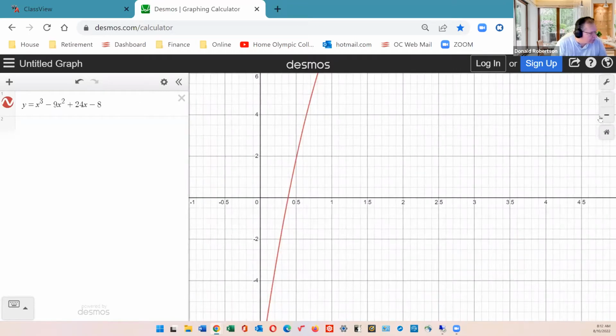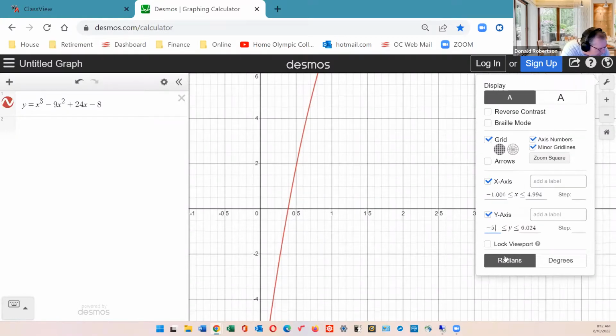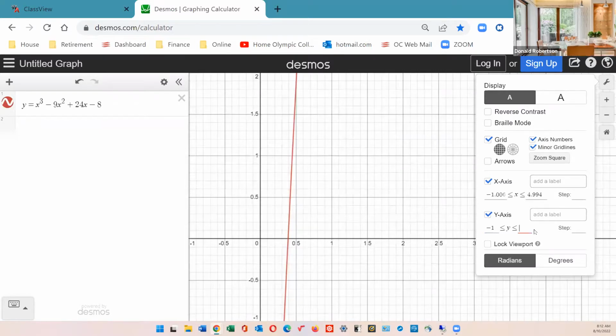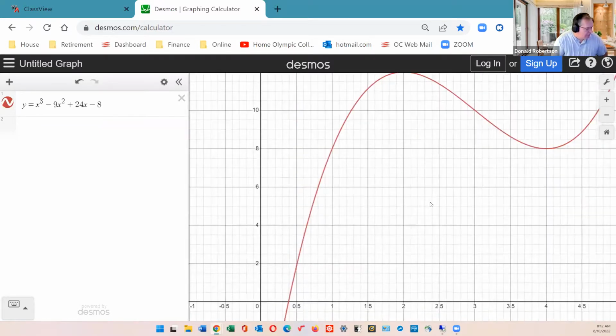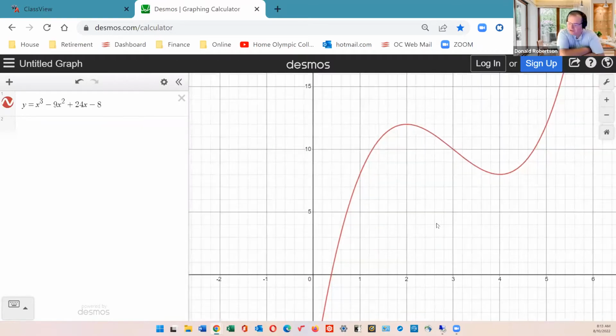That's something. Oh, and now I need to do the Y's, of course. And the Y's, well, I think the biggest number I had is 12 here. So I'm going to put in -1, that way I can see the x-axis. And I'm going to go 12. Okay, maybe shrink back a little bit. There, do you see you have to sometimes tweak the X and Y's. Right, let's check it out.